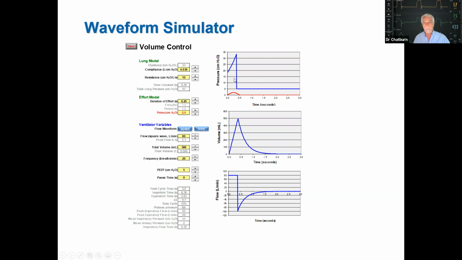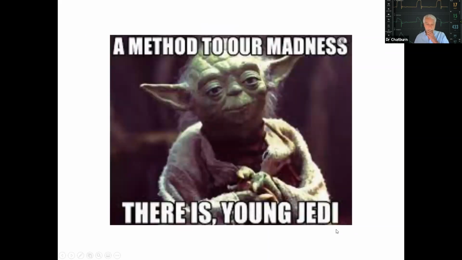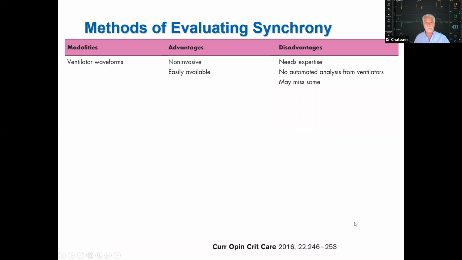You get the pressure waveform at the top, you get the volume in the middle, and you get the flow at the bottom. And this is a really great tool to get familiar with how changes in lung mechanics change either the pressure waveform in volume control or the volume and flow waveforms in pressure control. Great teaching tool.